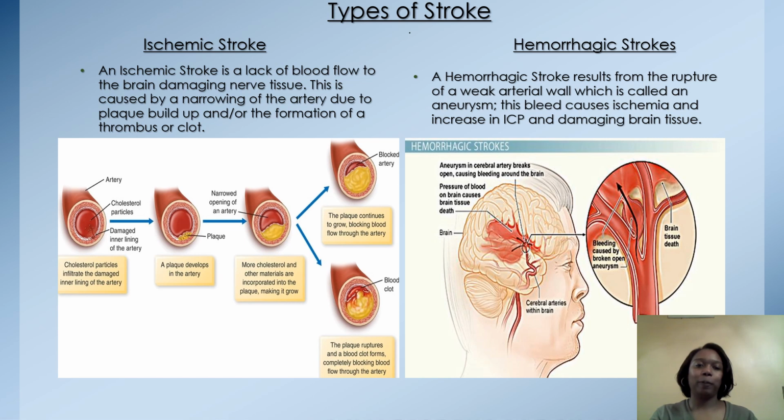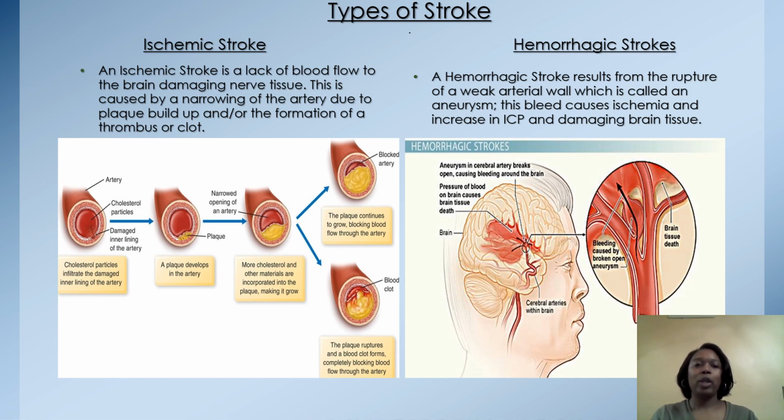occluding that artery along with the plaque. Then we also have the hemorrhagic stroke, which results from a weakening of the vessels and a rupture and bleed into the surrounding brain. The blood accumulates and compresses the surrounding brain tissue, causing the brain tissue to die.